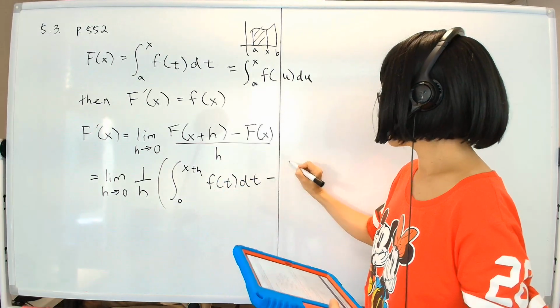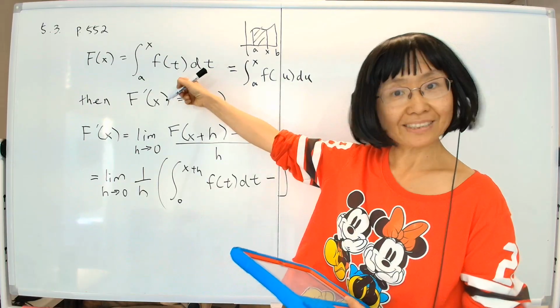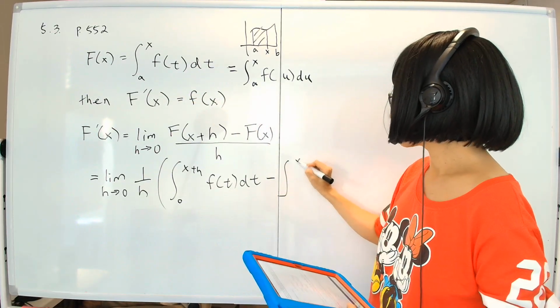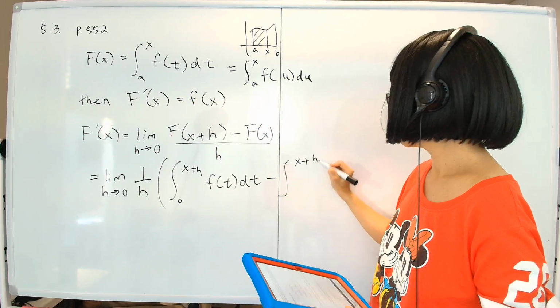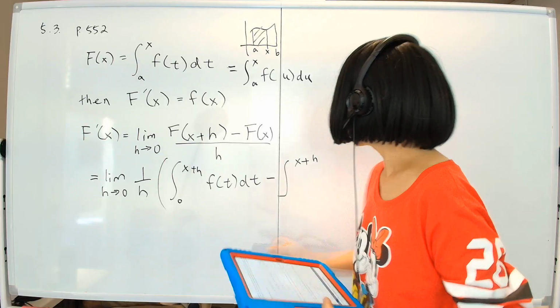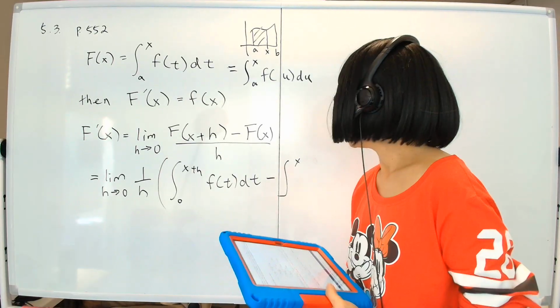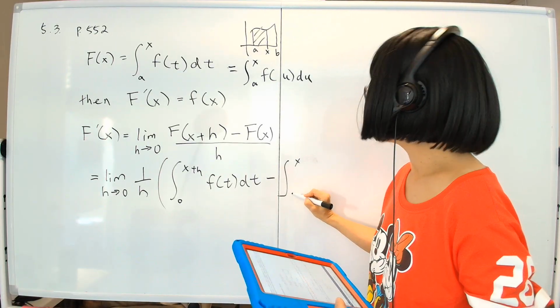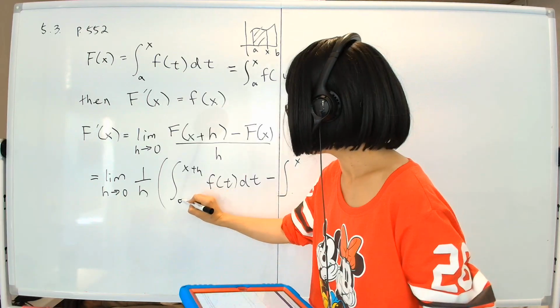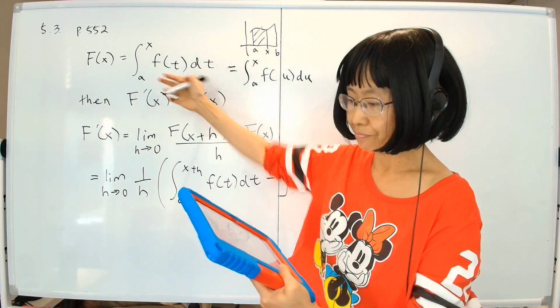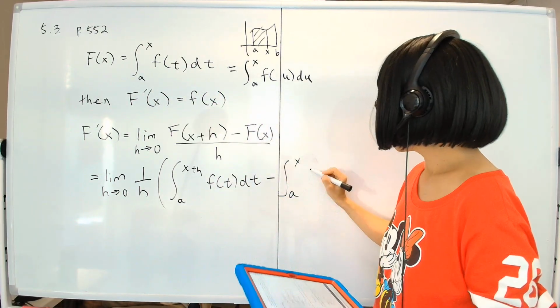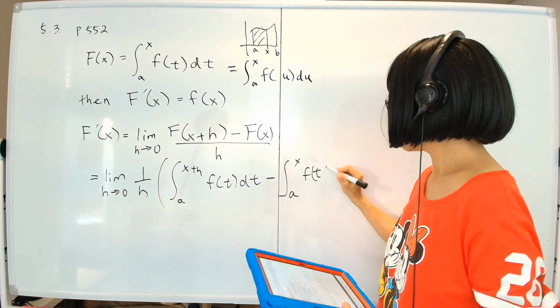And minus f of x, which is just the integral from, where did I say 0? I mean a, right? It goes from a to x, and then f of t dt.